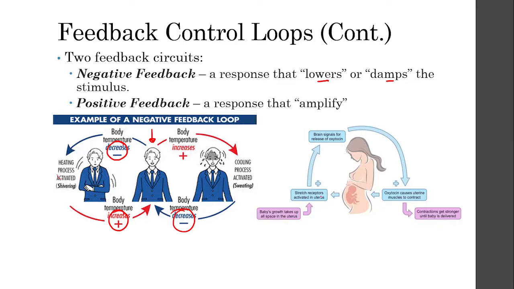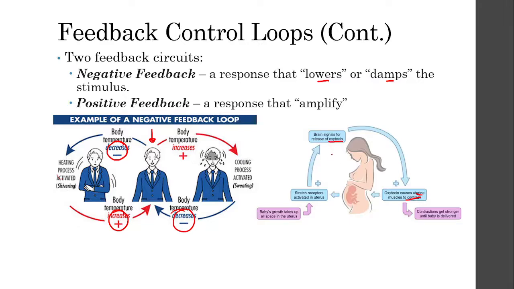When these receptors receive that signal of stretch, the brain signals for the release of oxytocin. Oxytocin, which is a hormone, is responsible for the contraction of the uterine wall. So when there is an increased production of oxytocin inside the pregnant woman's body, you have to expect that a contraction in the uterus would start, and that would signal that the baby is about to be born.